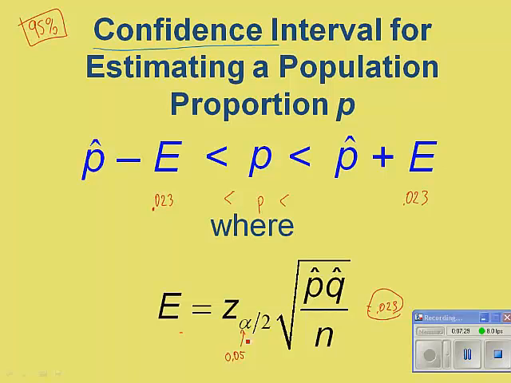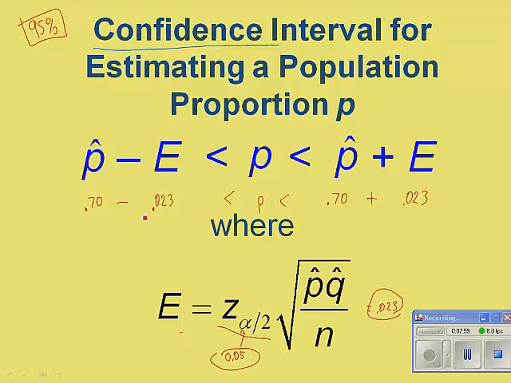Notice, you better know your 5%. You better know what alpha is, right? Or at least you have to know the z value. So you got to know how to do the stuff in Chapter 6, or else no chance. Okay, what was our p hat from our example? 70%, right? So what we're saying is, this is what I want.